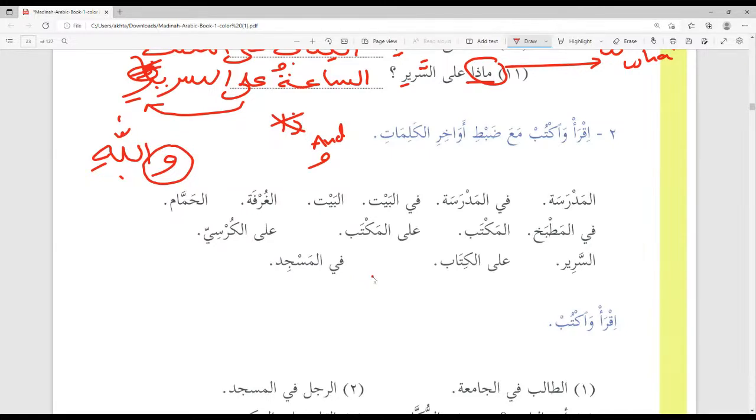طيب, so we have تمرين: اقرأ واكتب مع ضبط أواخر الكلمات. This is an exercise. The author wants to see whether you are going to read them with a dhamma or with a kasra. From the top, read the first word. المدرسة.